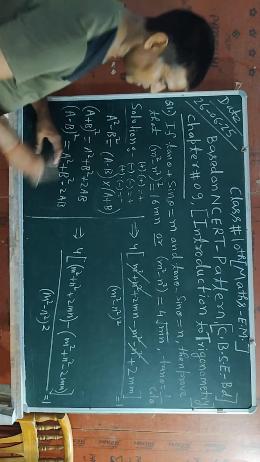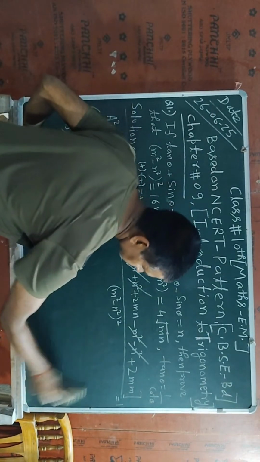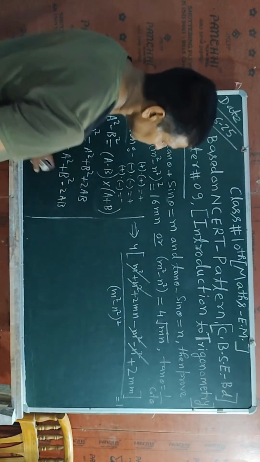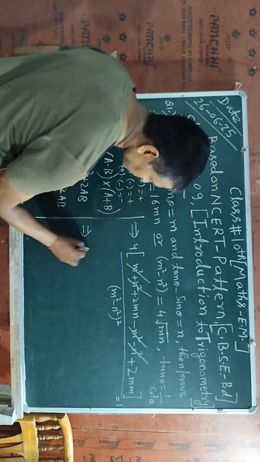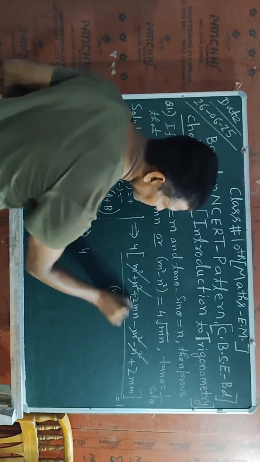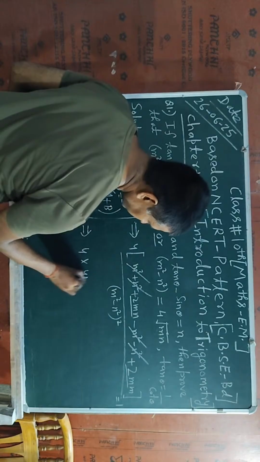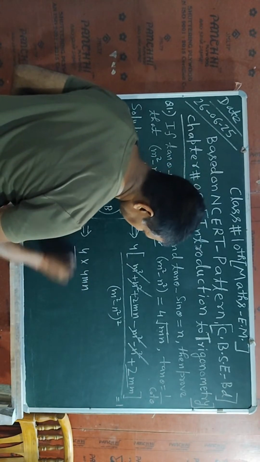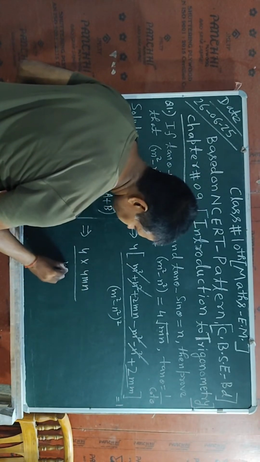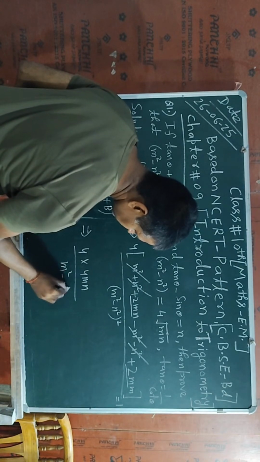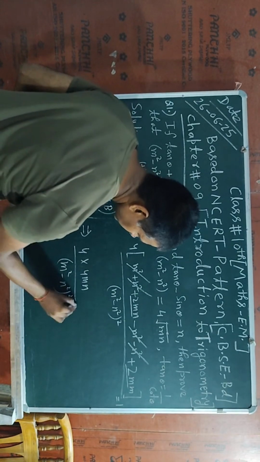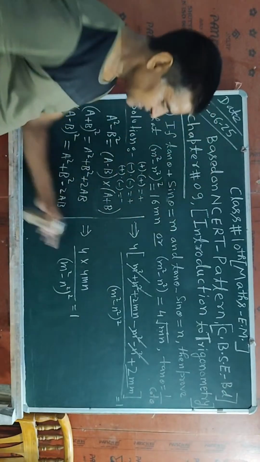Okay, so remaining data I will put there. So here I am going to write 2m and also 2m, that will be 4m divided by m square minus n square whole square which is equal to 1. After simplification I have got this one.